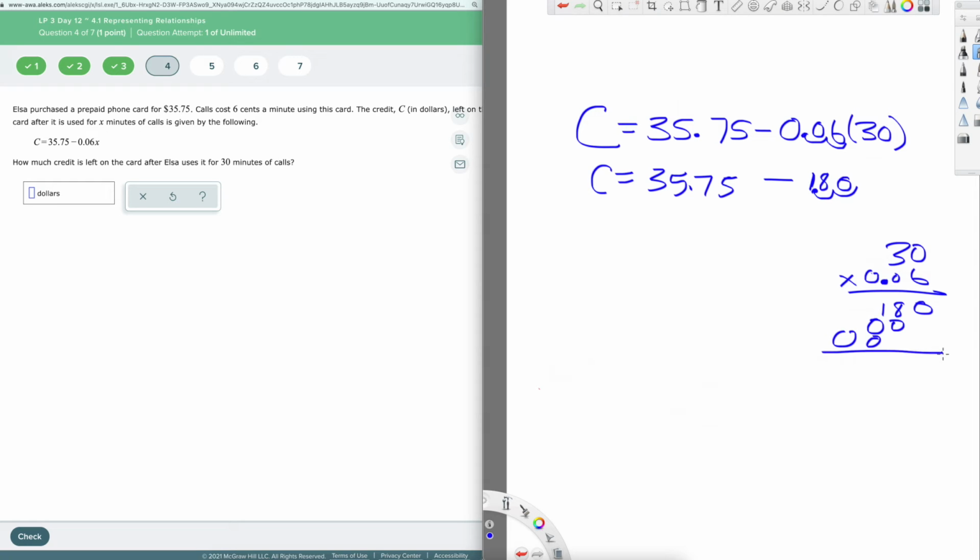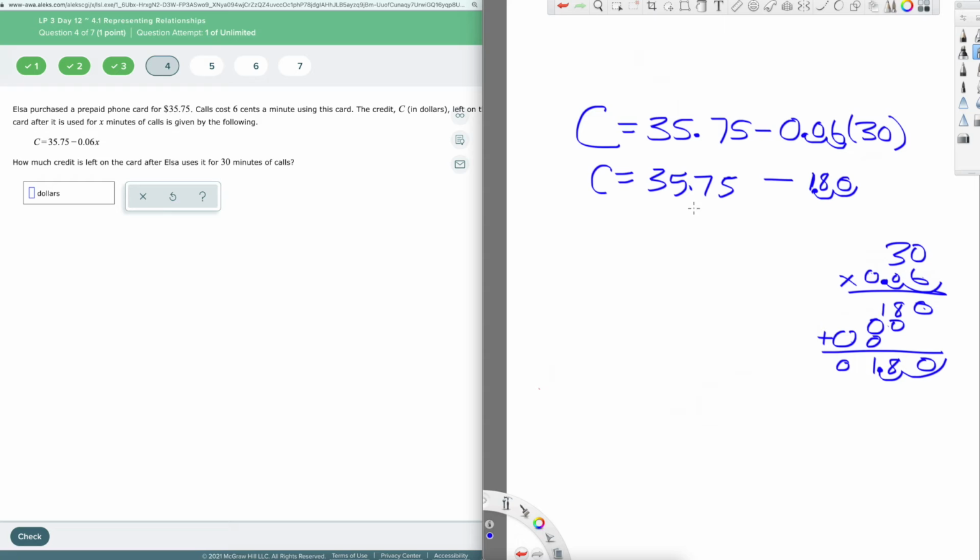So I'd have my 3 rows from my 6, 0, 0, because that's how many rows I should have. And now I add these together, so I get the same number that I got before, and I have to use this decimal to move this over. So it's 2 places here, I have to move it 2 places here. So same idea there. So we've used $1.80 of the $35.75.